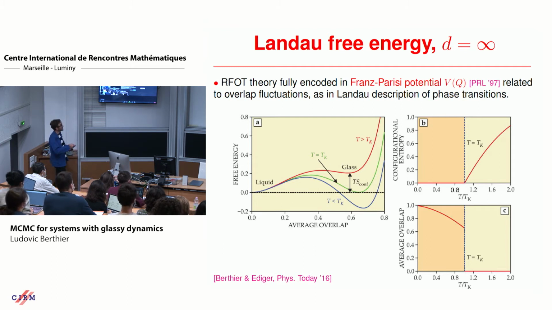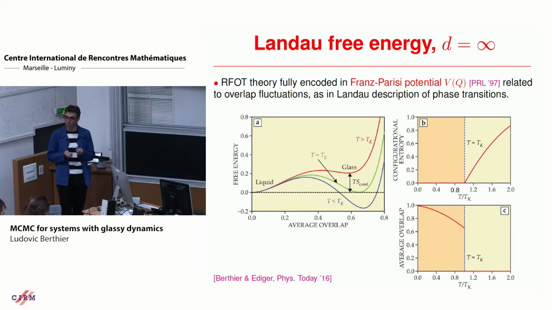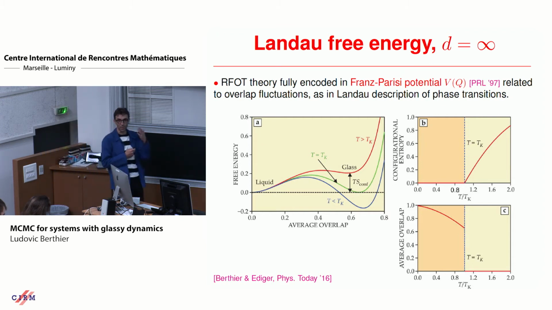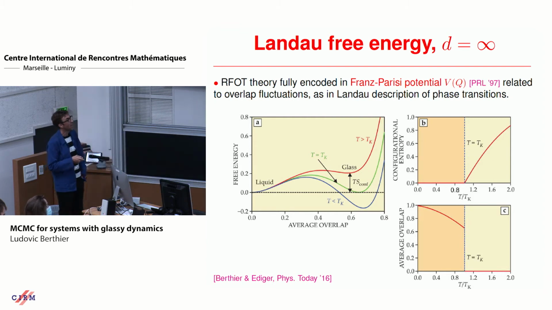And it has this double well structure, telling you that the system is really crossing a first order transition, just like the liquid gas transition or the Ising model in a field. So the key thing I think that we learn from this mean field theory is the nature of the order parameter, what you have to look at in order to distinguish the liquid from the glass. You don't look at configurations, you look at pairs of configurations and you compute their degree of similarity. And this is the structure.